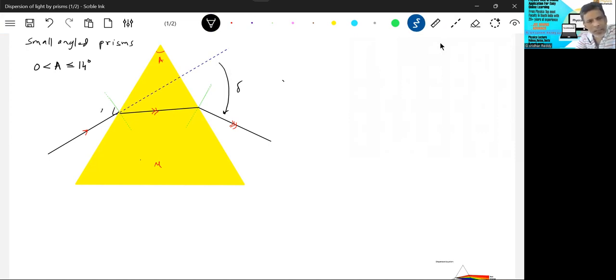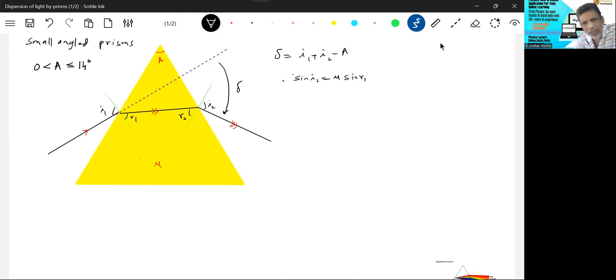Then we know this is I1. This angle is R1. This is R2. This is I2. The net deviation is equal to I1 plus I2 minus A. And according to Snell's law, sine I1 is equal to mu sine R1.